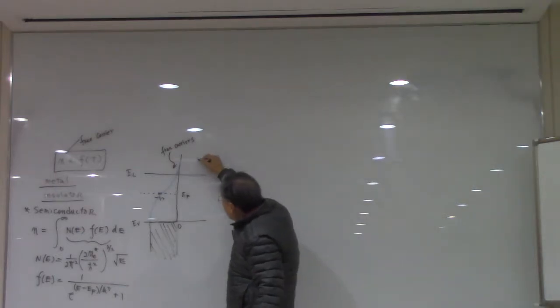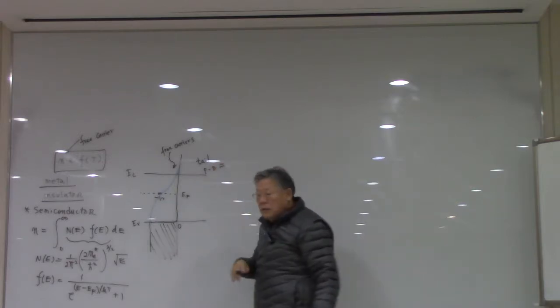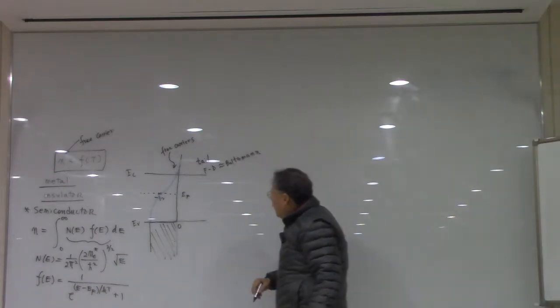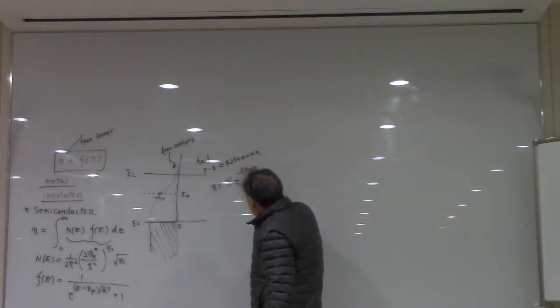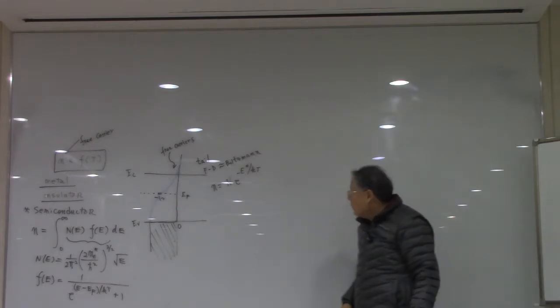Now at this tail, Fermi-Dirac statistics can be almost equal to the Boltzmann, right? And the Boltzmann statistics is nothing but e to the minus E star over kT. Okay?